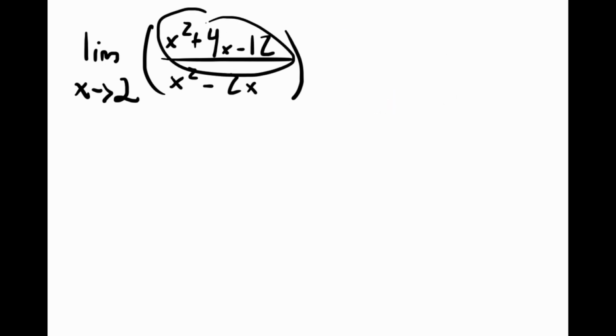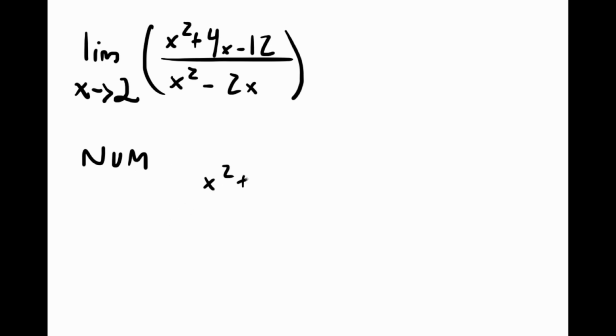So what we're going to do is break apart the numerator and the denominator. The numerator, we'll be working on right now: x squared plus 4x minus 12. You multiply the ends. It's going to be negative 12 if you multiply them together, and x squared.